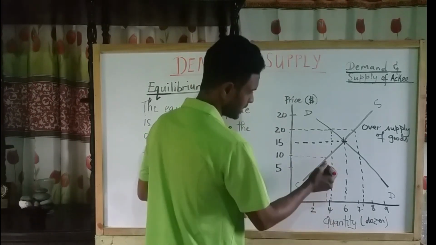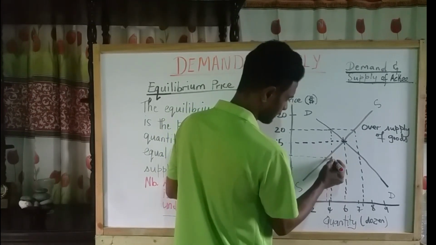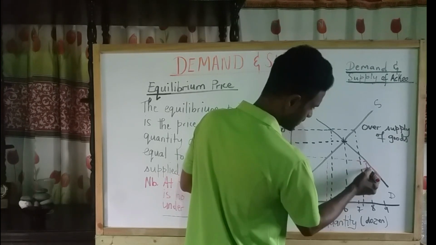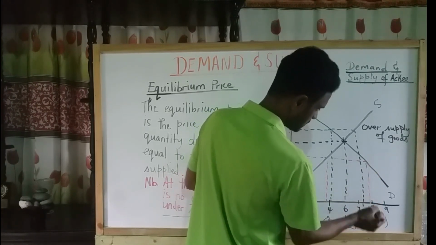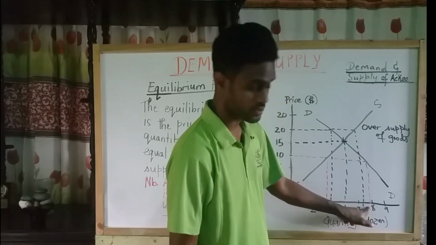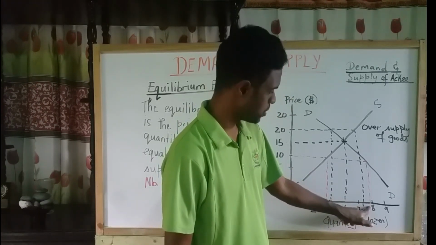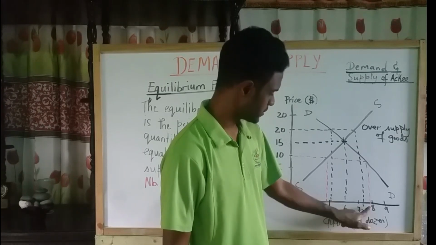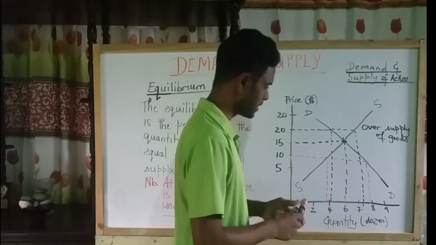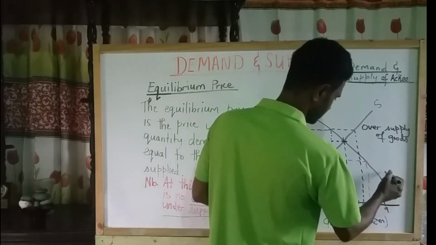Now let us continue the line to the demand curve to see the amount that is demanded. Hit the line and go down. So the amount that is demanded is 7 3/4 dozen ackees. So the amount demanded is greater than the amount that was supplied. So that is showing you an undersupply of goods.